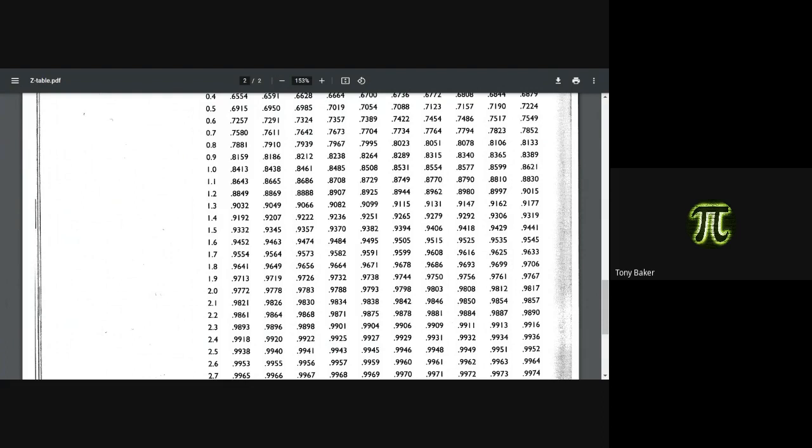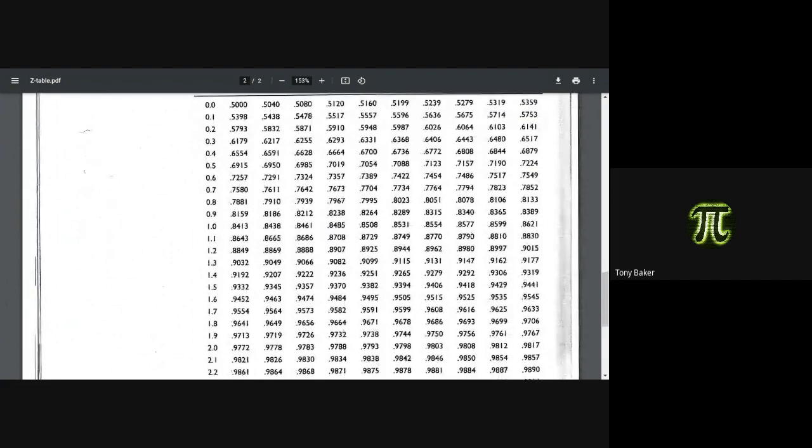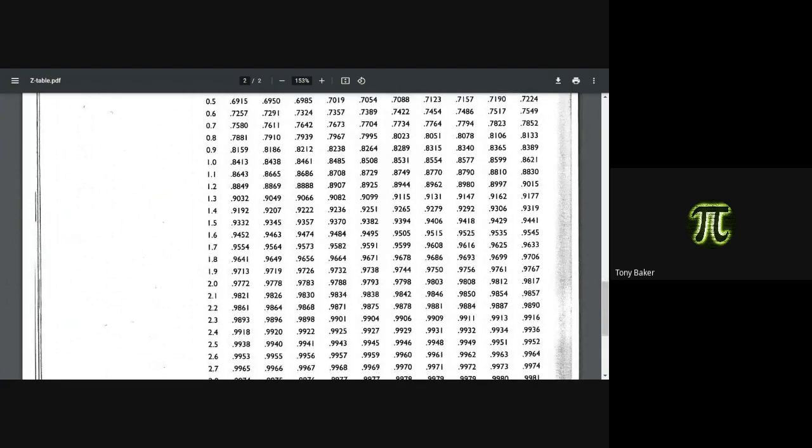Yeah, it's approximately 1.65. 1.65, 1.64. It's actually, specifically, exactly 1.645. But that right there, that's 95%. So the 95th percentile isn't even at 2 standard deviations.